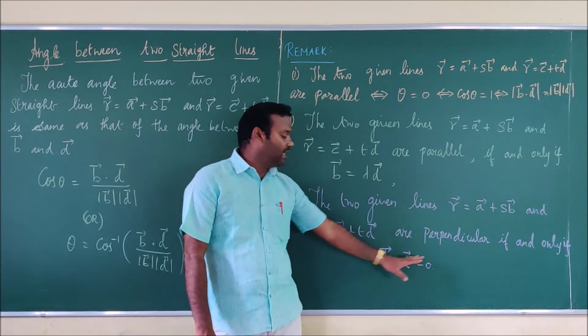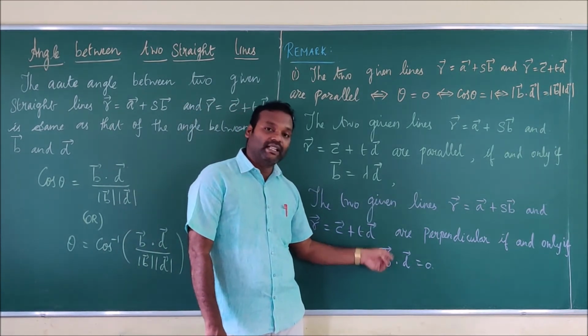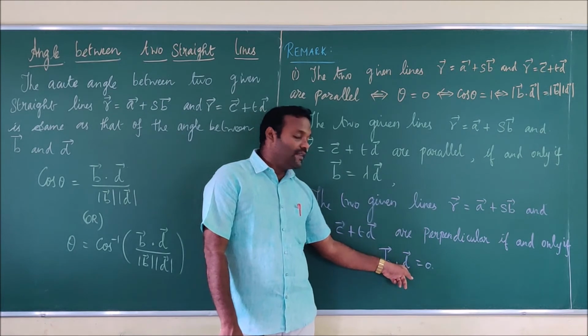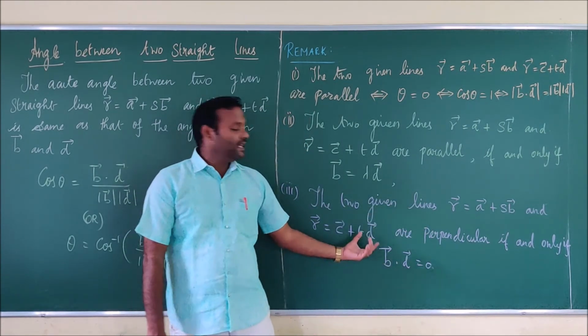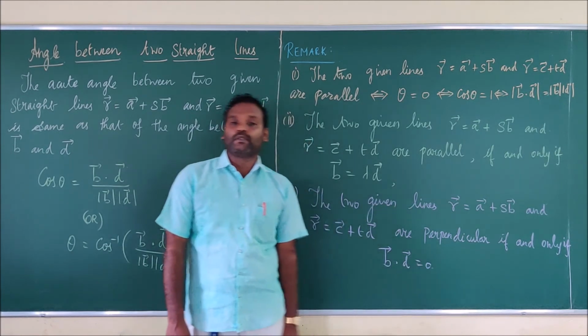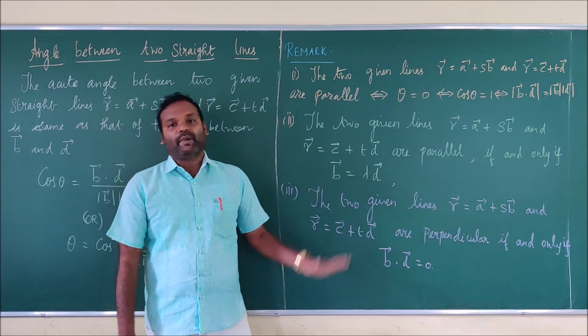That is, b vector dot d vector equal to 0, where b vector is the directional vector for the first line and d vector is the directional vector for the second line. When you take the dot product, it will be 0. If it is 0, then we can say that the given lines are perpendicular.